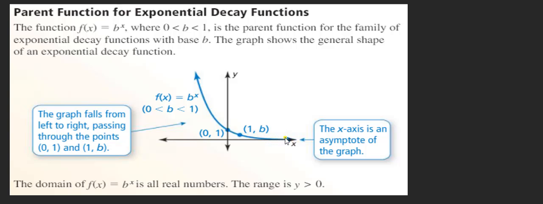Again, it never touches 0, but it gets very close to 0 as x goes to infinity. Again, the graph passes through (0, 1), the domain is all real numbers, and the range is y greater than 0. And we'll look at some examples of exponential growth and decay functions.